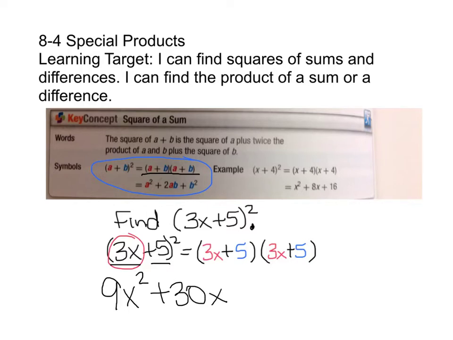And then you square the last, and that's going to be 5 times 5, which would be 25. Okay, students, let me give you a problem and let you try this. Again, this is a shortcut method. You don't necessarily have to use a shortcut, but it will save you some time.